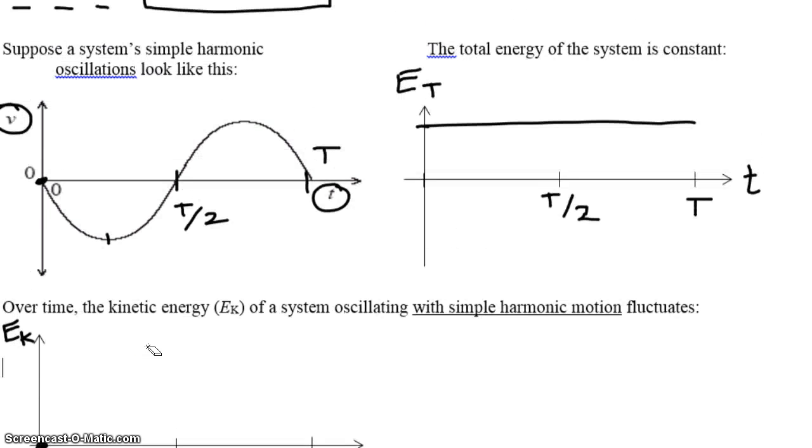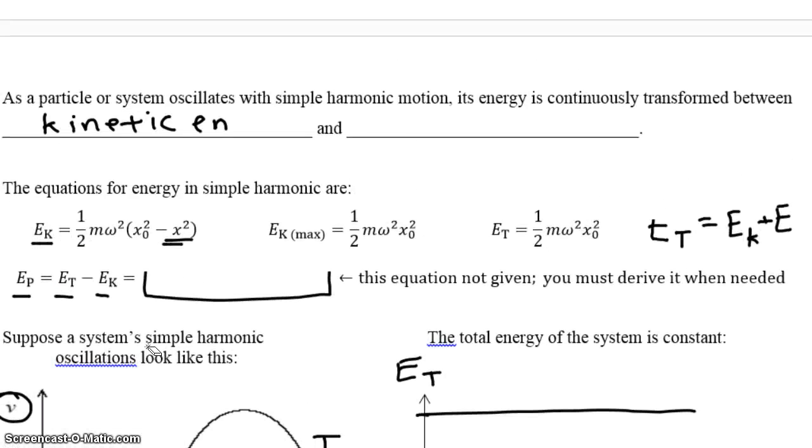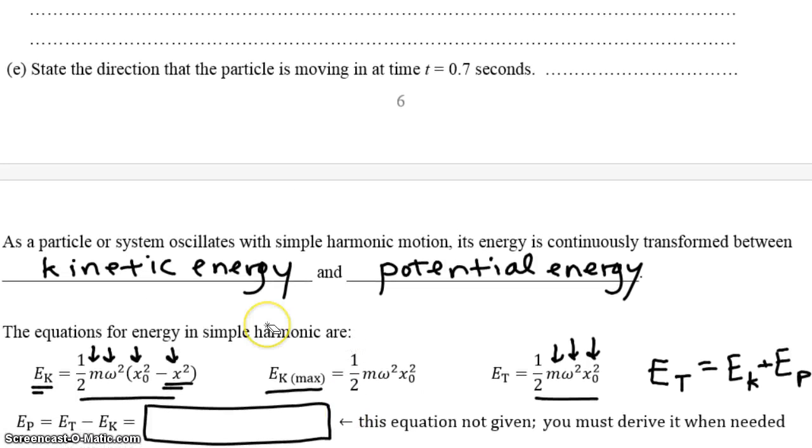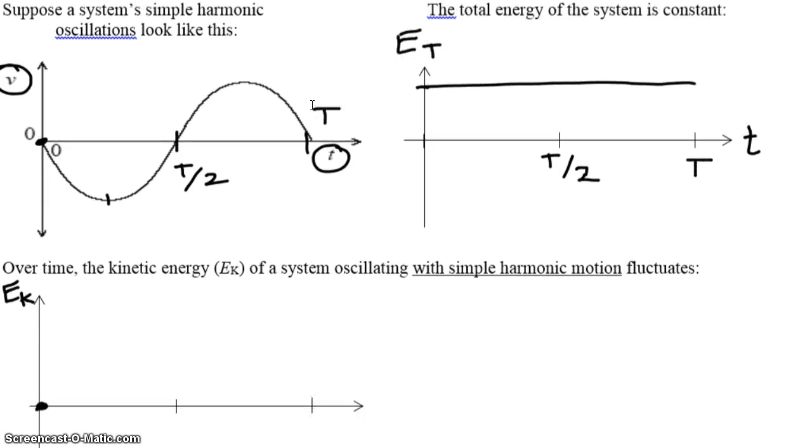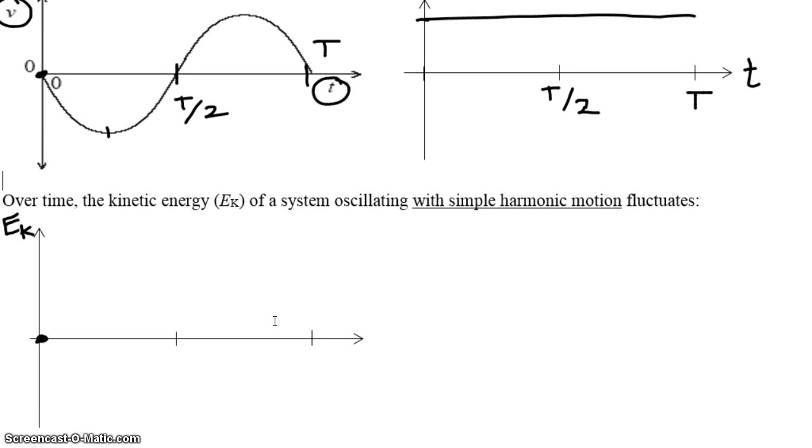Then right here at half of a period, the kinetic energy has gone from a max back to 0, so it looks like this. And then when we get right to here, we are now at a maximum speed. So we go up to a max, and after one full period, we're back down to this.